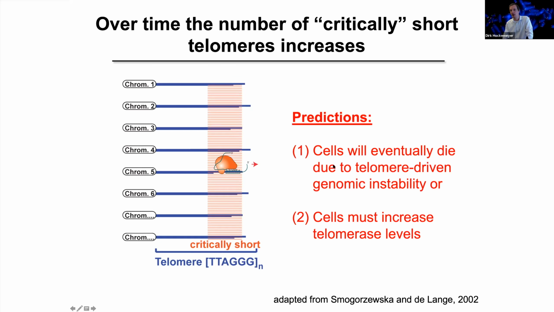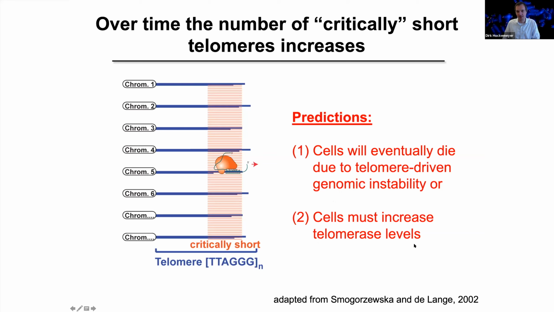That eventually this process cannot go on forever, and that cells have to make two choices. Either they will die because telomerase-driven genomic instability and telomere fusions will eliminate the cell, or the cell has to secondarily increase telomerase expression by upregulating telomerase levels over time in cells that have TERT promoter mutations.